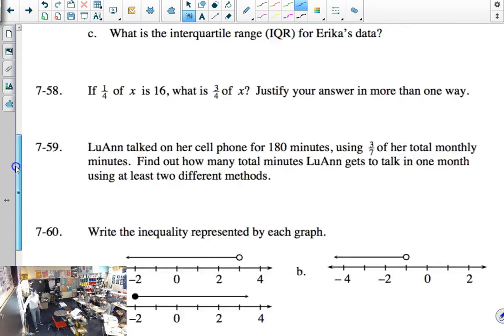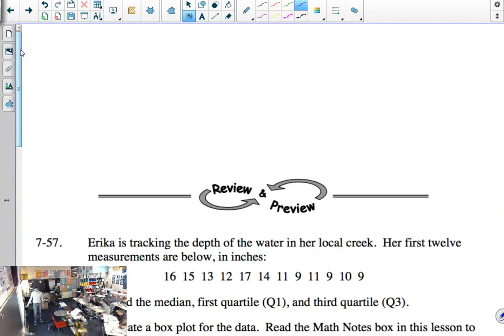So, first, I think we start with 9 being the lowest value. We've got 3 of them. 9, 9, 9, 10, 11, 2 11s.